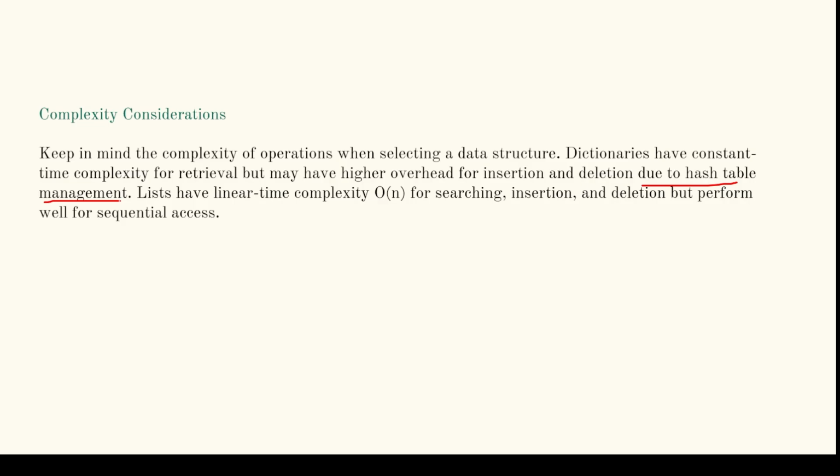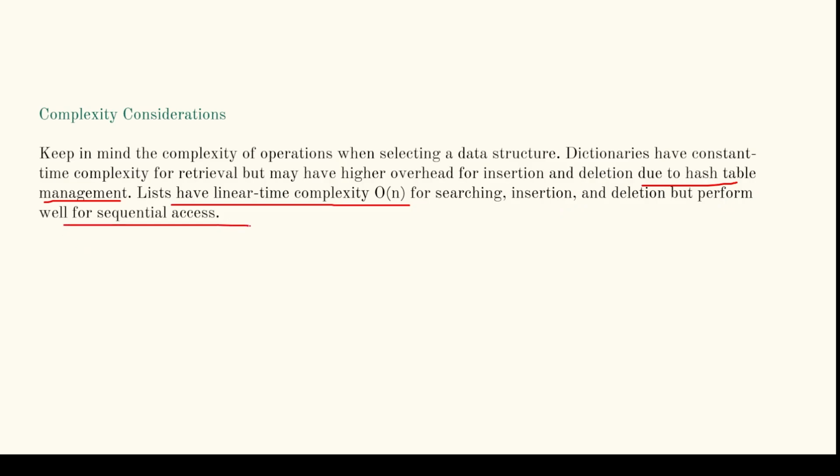Whenever a new element is coming, the dictionary has to hash that key and insert that new key in the hash table, right? And whenever an element is getting deleted, the dictionary has to remove that key from the hash table. So this is the overhead that will be there when you're using a dictionary and there are frequent insertions and deletions.